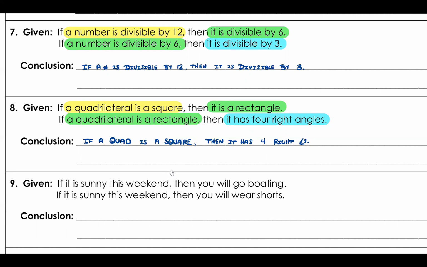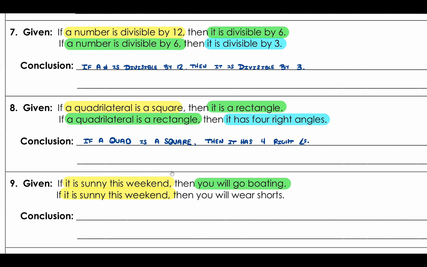All right, let's look at our next one. If it is sunny this weekend, then you will go boating. If it is sunny this weekend, then you will wear shorts. So we've got it is sunny this weekend. You will go boating. But uh-oh, what happened? They went back to the original hypothesis.